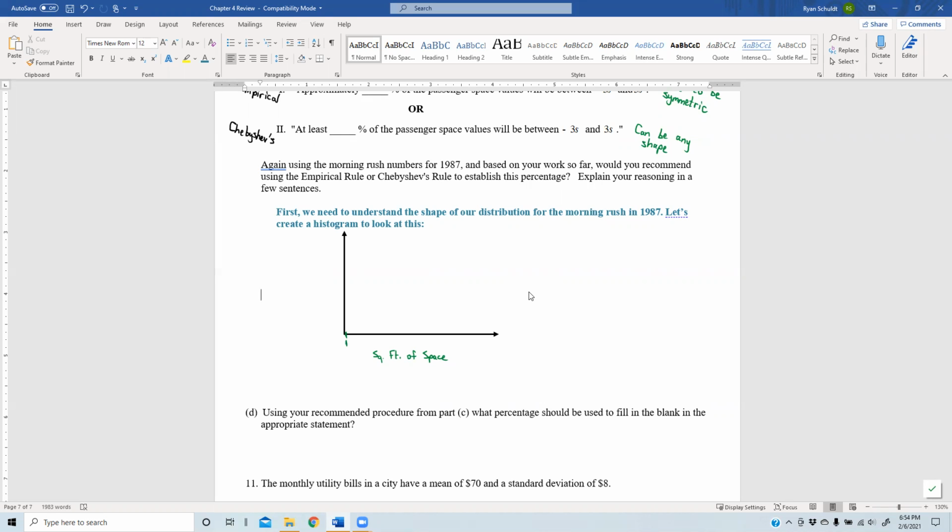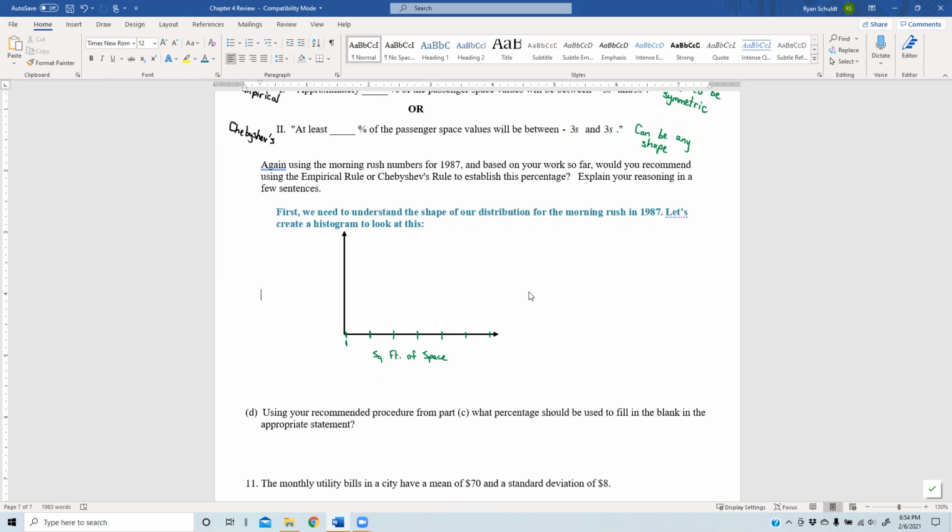So 1, 2, 3, 4, 5. And you know what? Let's space these out a little bit more. 2, 3, 4, 5, 6, 7.